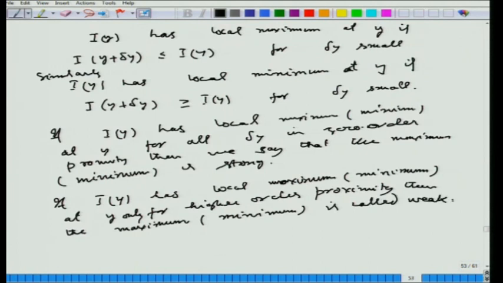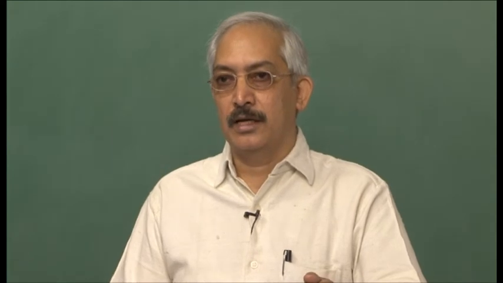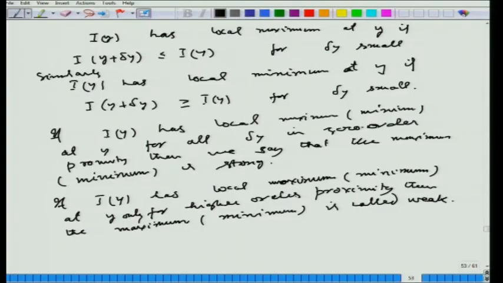Clearly, if the maximum is achieved at 0 order proximity strongly, then it is also achieved in the higher order proximity in the weak sense also. But there may be cases where closeness in the higher order proximity is required, and the minimum may not exist at lower order proximities; then we say that such minimum and maximums are weak.